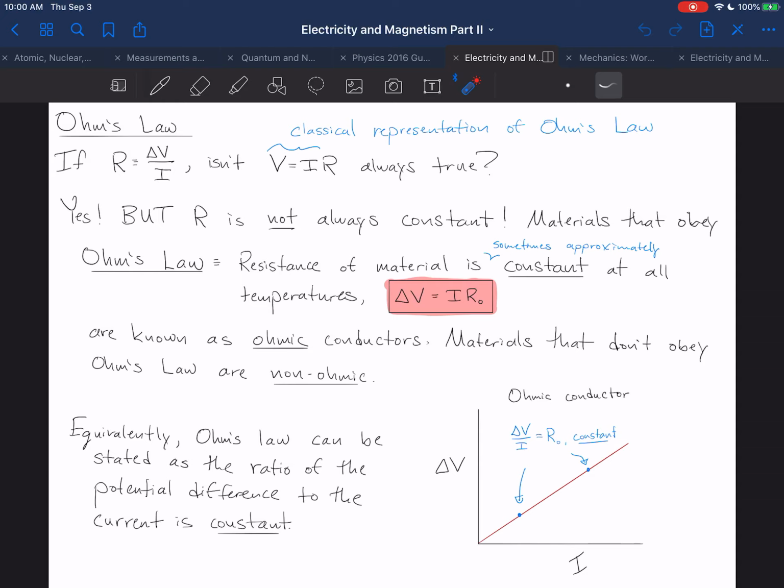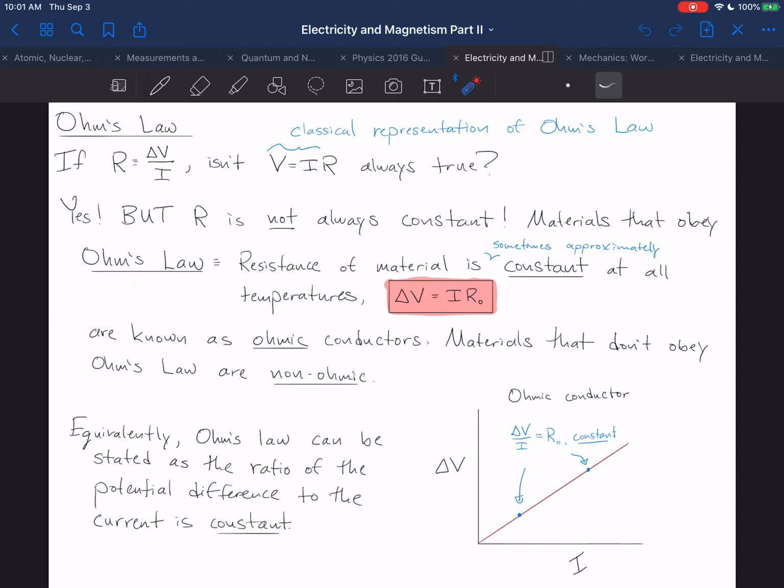But for all practical purposes, the resistance is constant for a metal wire at normal values of potential difference, current, and temperature. And in that case, it's an ohmic conductor. So strictly speaking, very few materials actually 100% obey Ohm's law, or obey it for a huge range of values. But many materials sort of obey Ohm's law, and so that's why it's kind of famous.